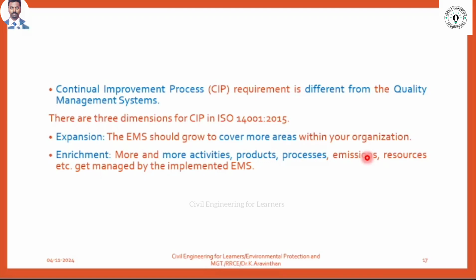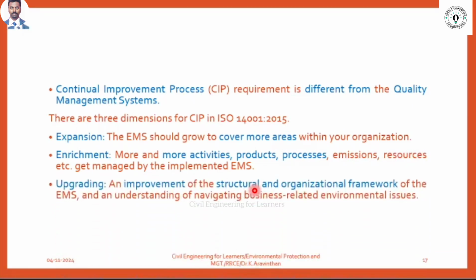Now in 2024, the continual improvement they can do is add another 10% of rainwater for the manufacturing process. So this is the enrichment process. They can improve and also reduce the consumption of natural water. Also the emission, resources, etc. can be managed by implementing EMS.